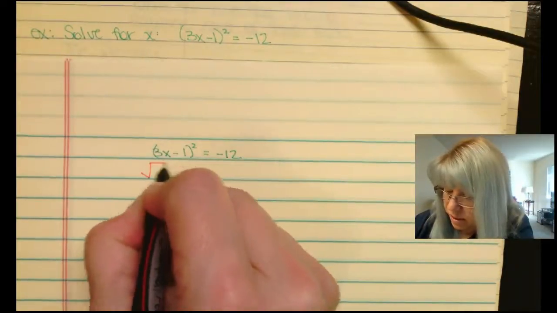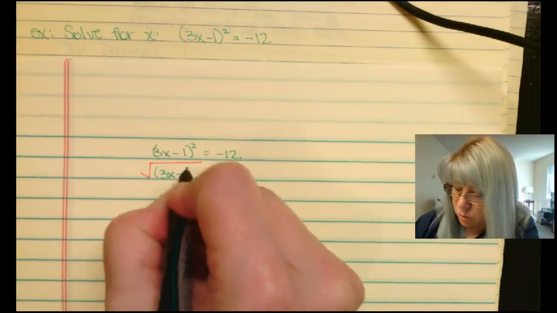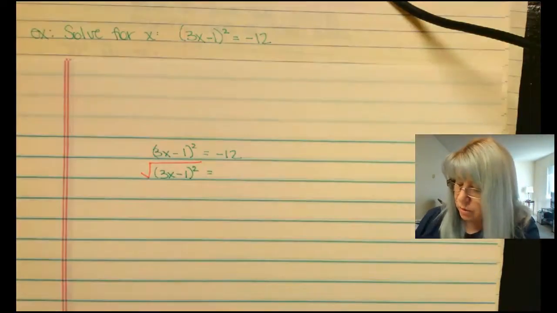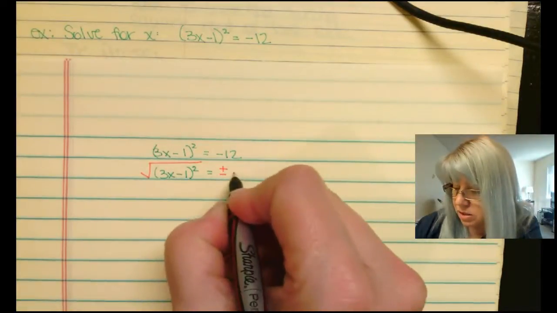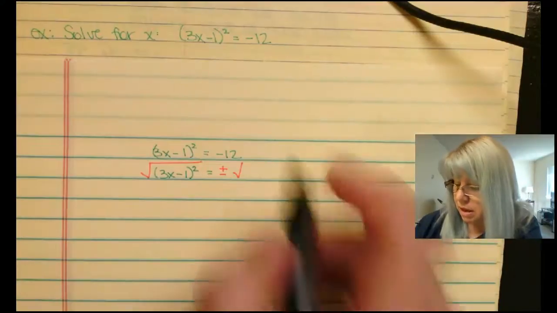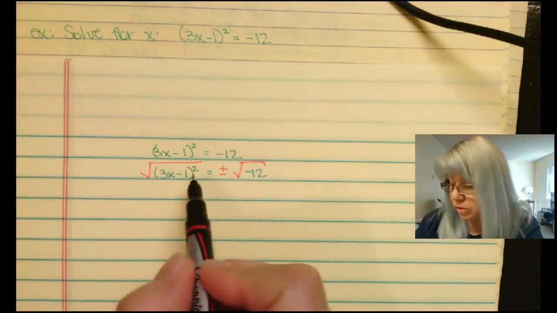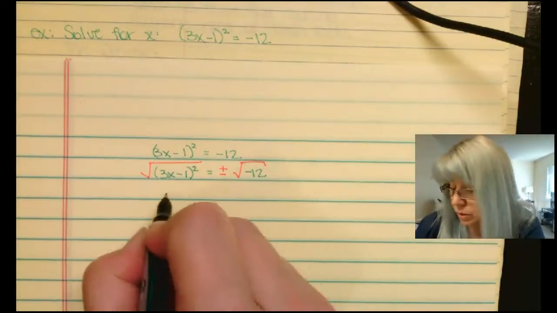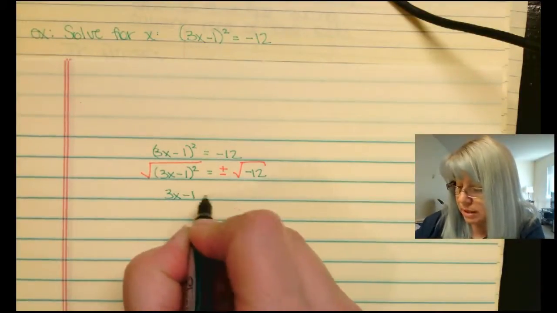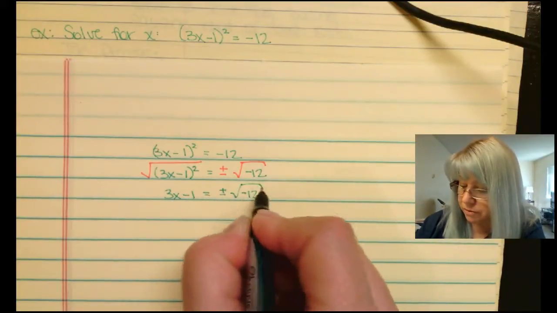So let's take the square root of 3x minus 1 quantity squared, and that will equal, I'll do the shorthand version, plus or minus the square root of negative 12. Okay. Well, the square root and the square negate each other, so it will be 3x minus 1 equals plus or minus the square root of negative 12.